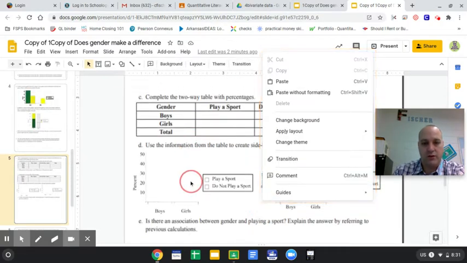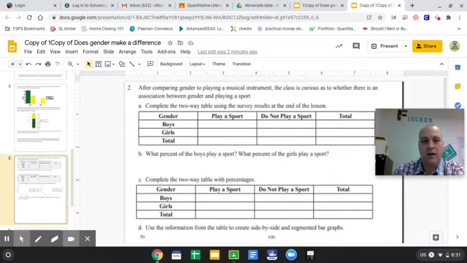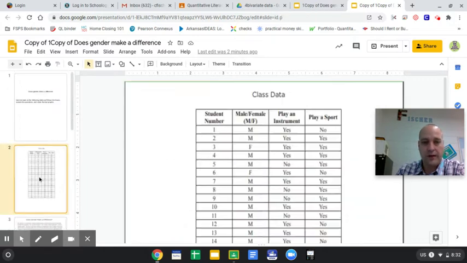All right, so next page. All right, so number 2, it's the same type of thing. You just got to go fill out all the charts. So you got to go through and find all the boys who play a sport and count them. How many boys play a sport?